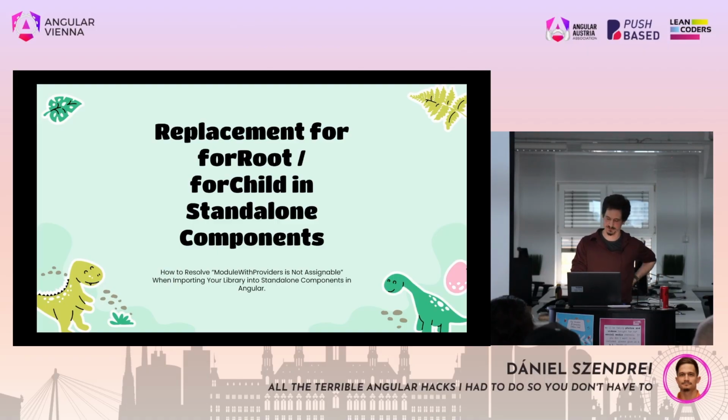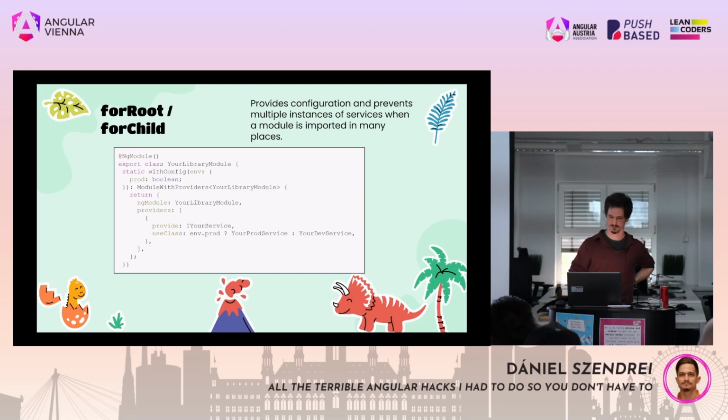Well, we still have modules because we have a huge legacy code, so I had to come up with a solution. But we are trying to move forward to standalone components, so there needed to be a solution. So this is an old example of why it was useful before, right?